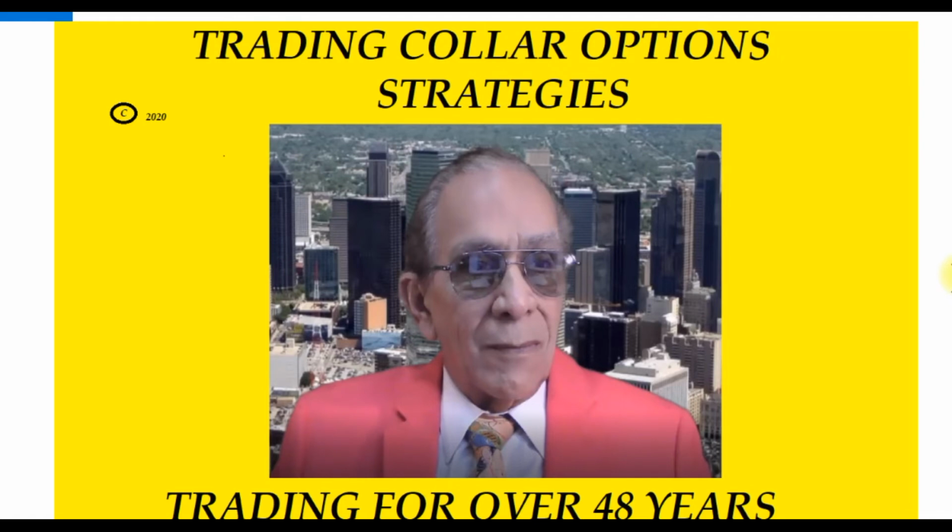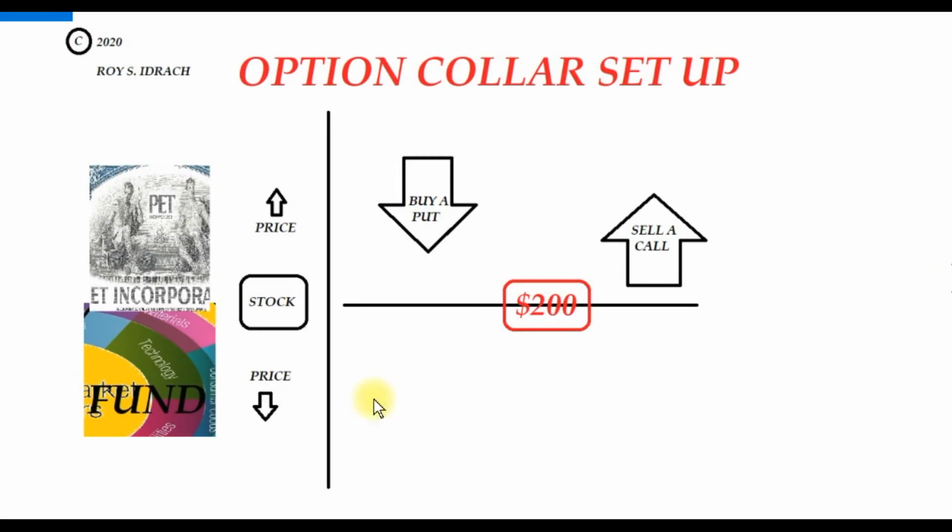To do a collar option, you have to own the stock, right? Or you can sell it without the stock, right? But what you want to do is protect your investment in case something goes wrong. So this is to hedge yourself.